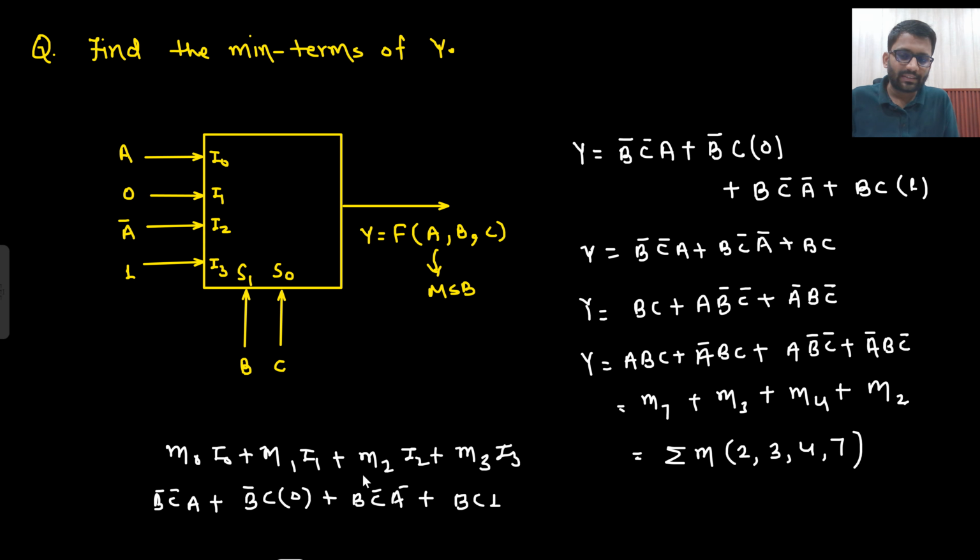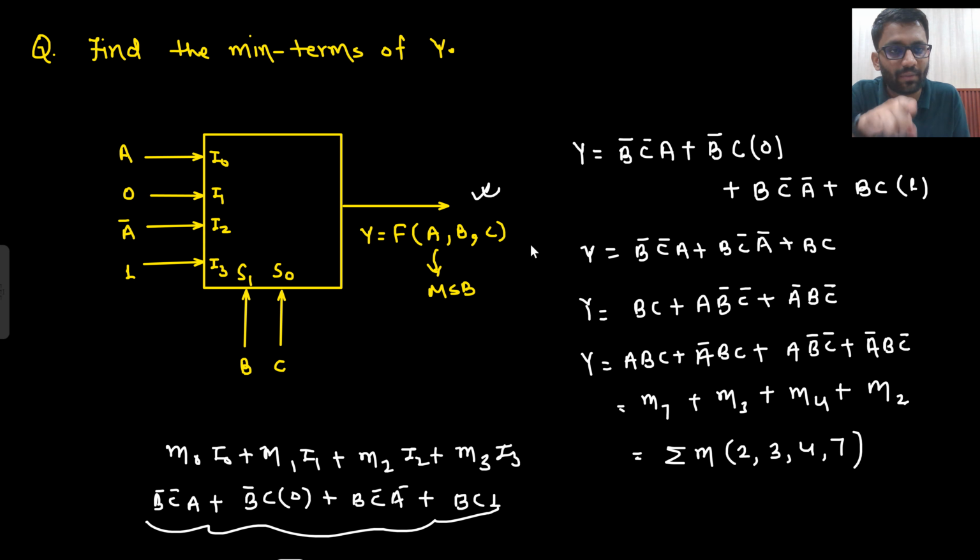So now you cannot say that, sir, this is my minterm m2. No. Now m1, m2, m3, m4, m5, m6, m7 and m0 will be defined as per this, because this is your final output, which is having the variables A, B and C. Your final output is not having only the variables B and C. If it was having variables B and C only, then you could have said these will be my minterms. But your final minterms will be different. Are you getting this point?